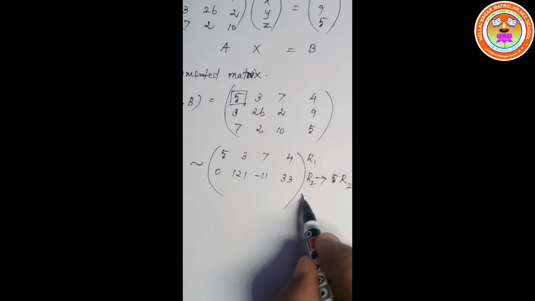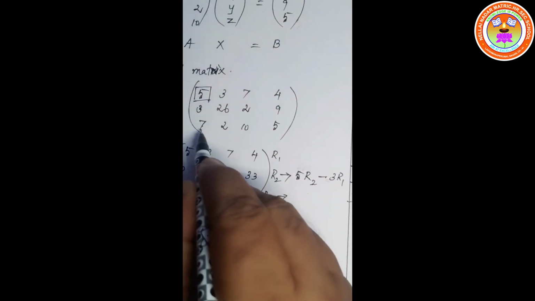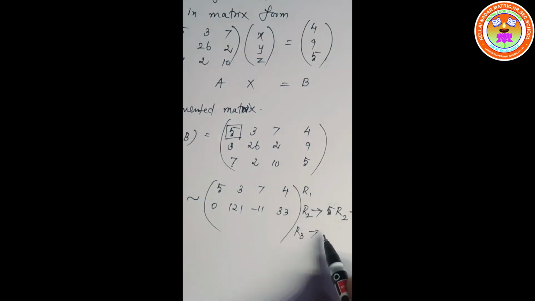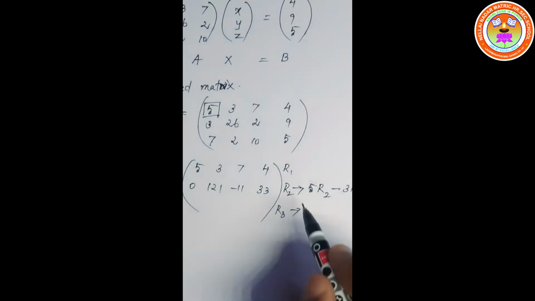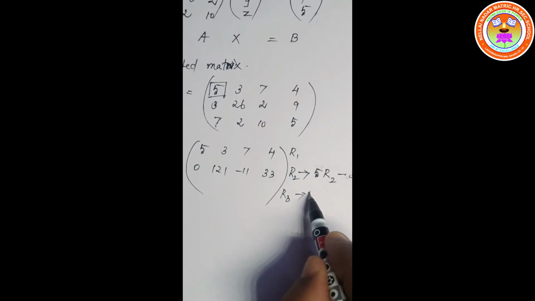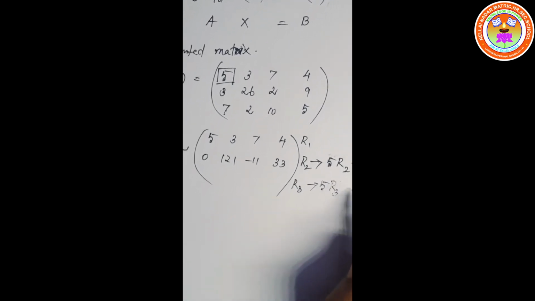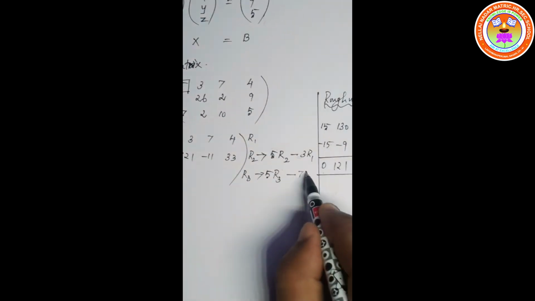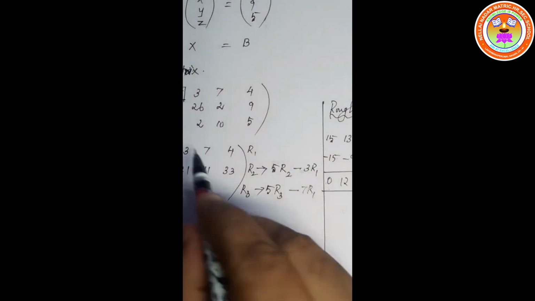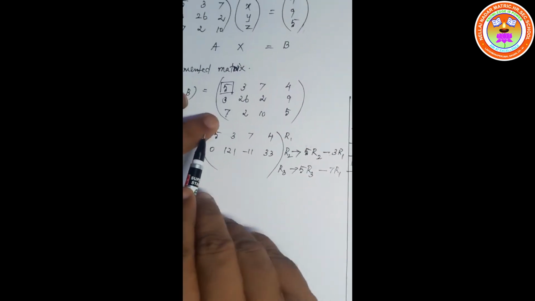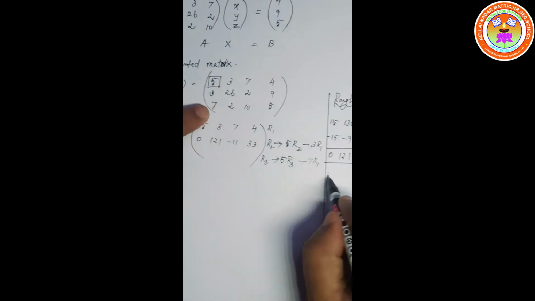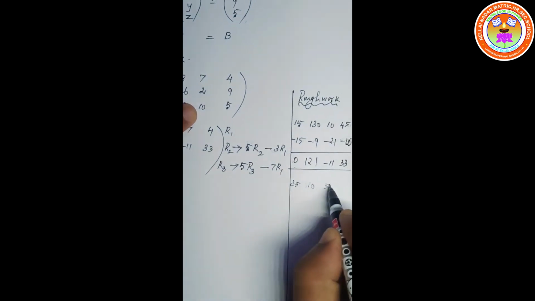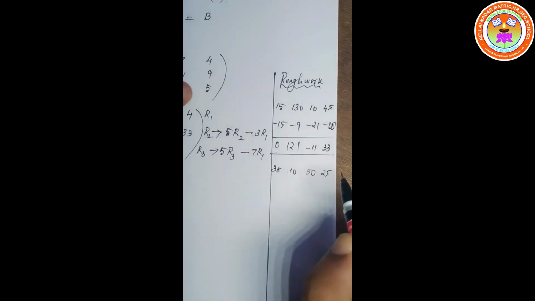Now R3 has to be changed to 0 with the help of that number. Here 5, here 7. So this number 7 should be multiplied by 5. R3 implies 5 R3 minus 7 R1. So multiply R3 by 5. 5 7s are 35. 5 2s are 10. 5 10s are 50. 5 5s are 25.